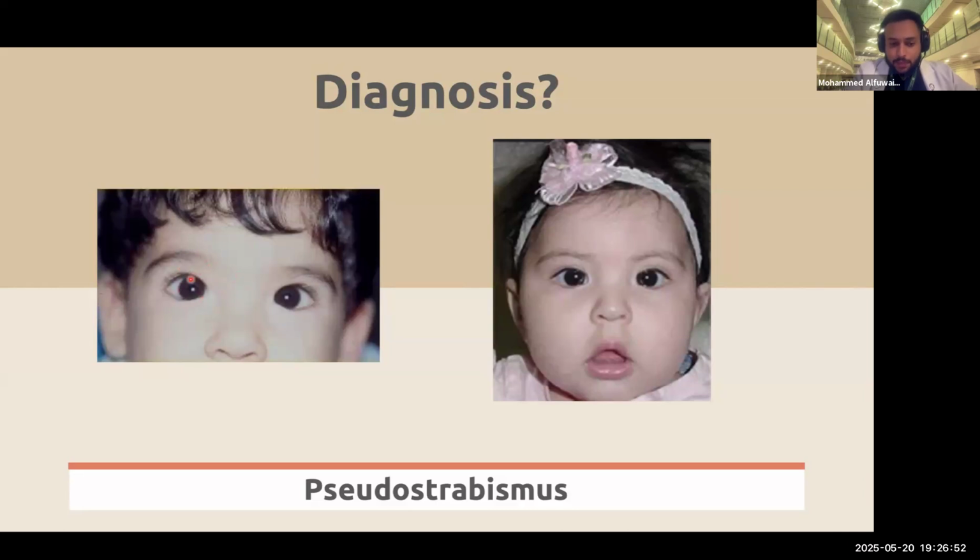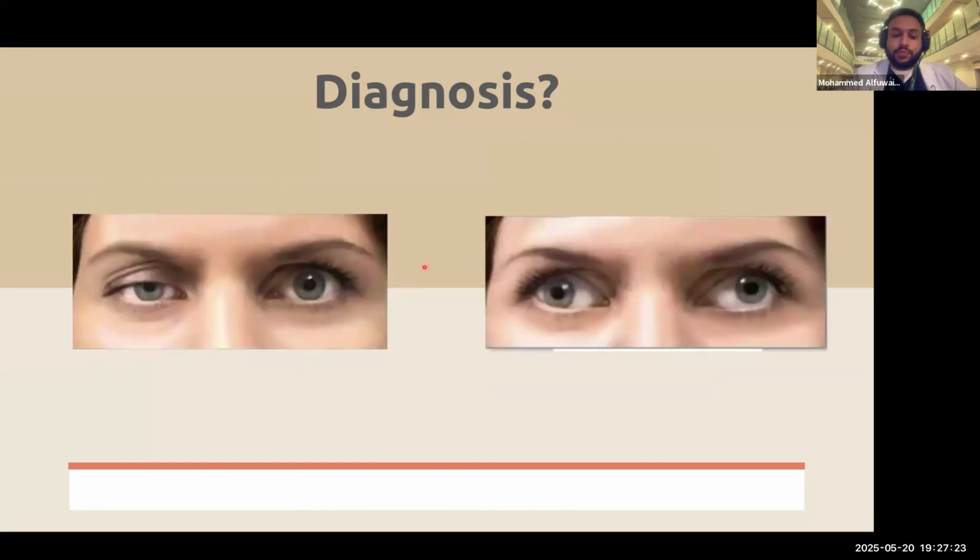But epicanthal folds, flat nose, and then the eye distance, if it's very far or very near to each other. 3 things that will cause pseudostrabismus. Epicanthal folds. Number 2 is flat nasal bridge. Number 3 is unnaturally close or far eyes, distance from each other. High yield in clinical.